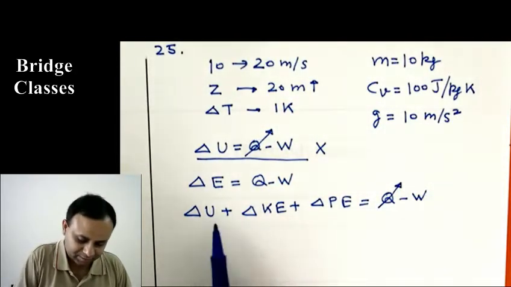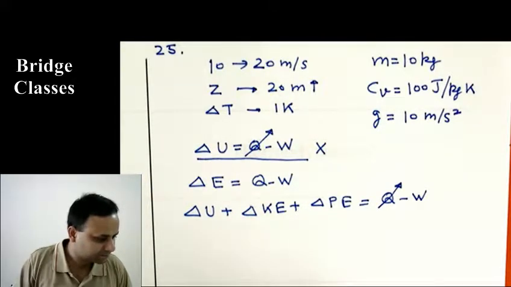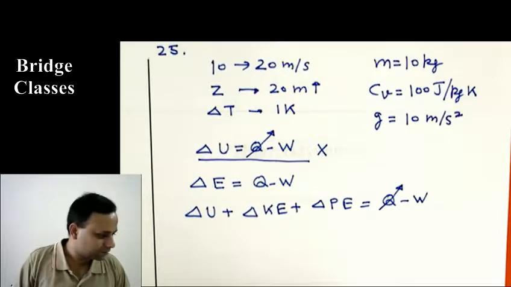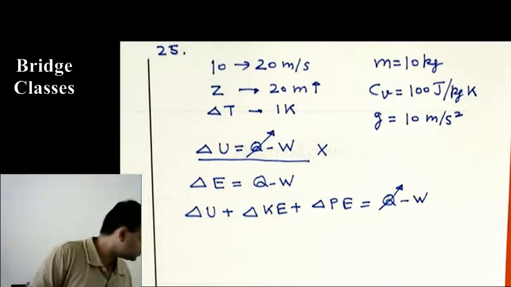so just plug numbers. See delta U, and it gives, what was the substance in the problem? Let me see. It gives Cv, but it doesn't say.